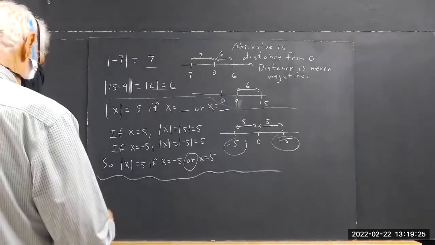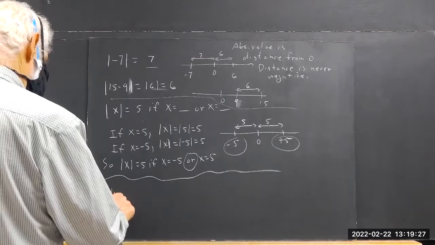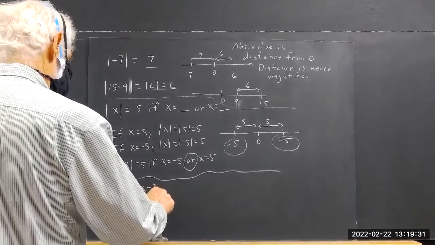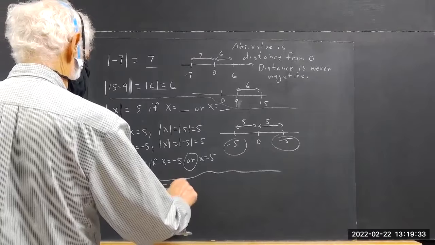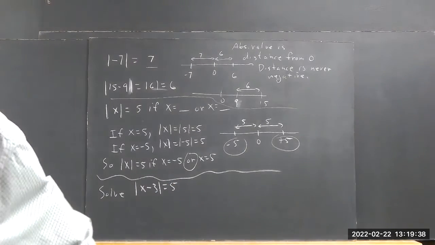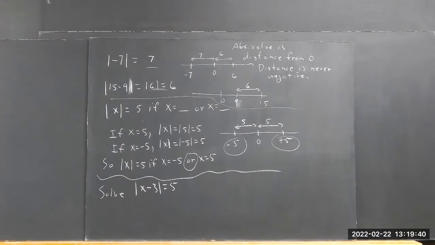Okay, so let's do this now. How would you solve the equation absolute value of x minus 3 equals 5? Well, I'm going to tell you.